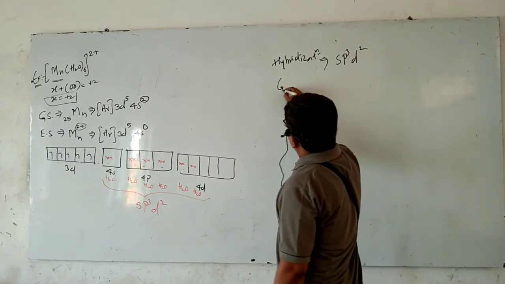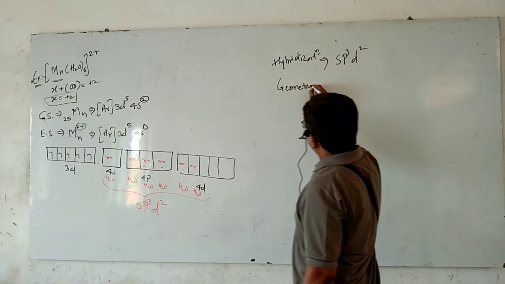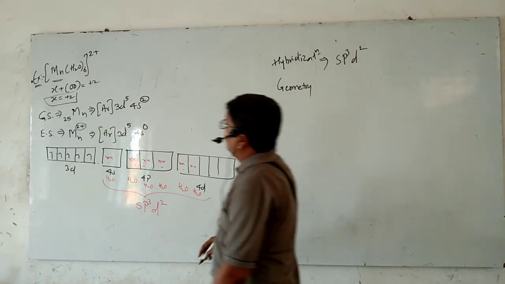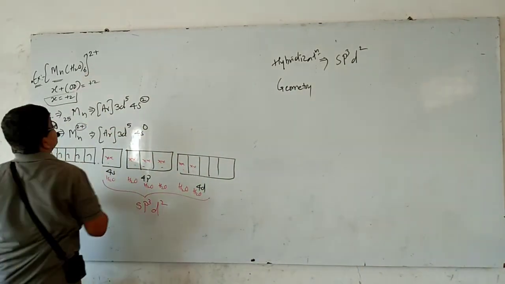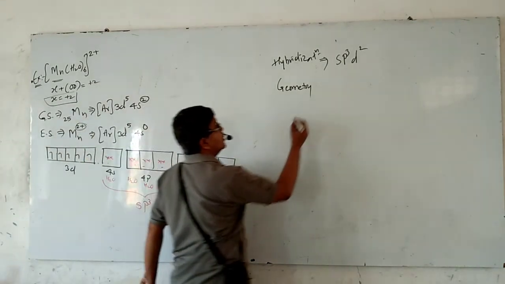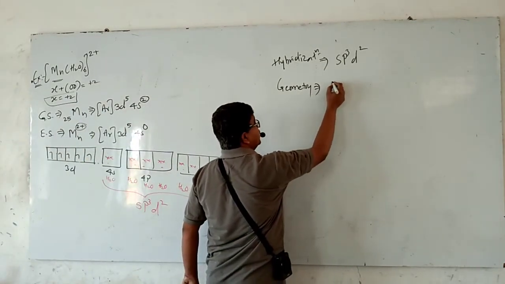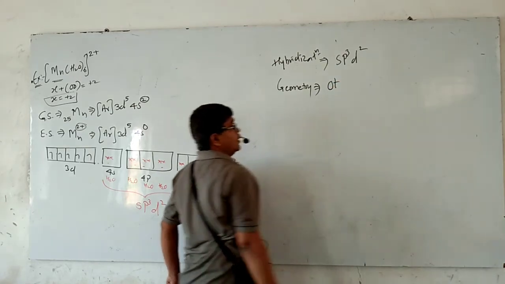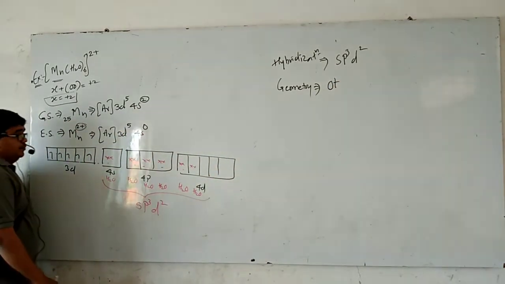Now what is the geometry? The number of ligands is 6. H2O is a monodentate ligand and the number of H2O is 6, so 6 bonds will be there. So the geometry will be octahedral.